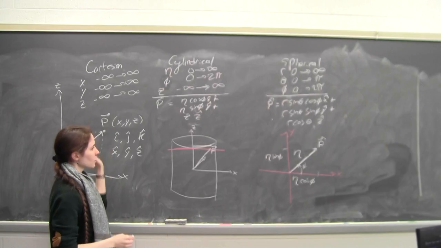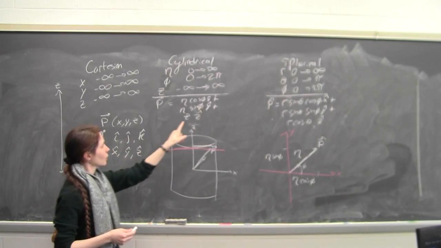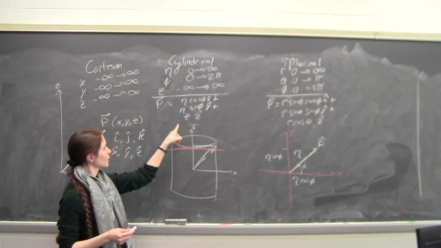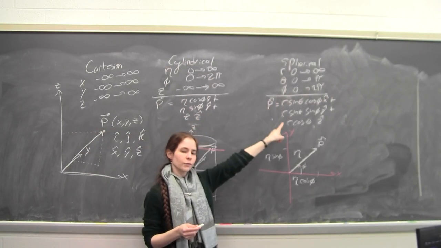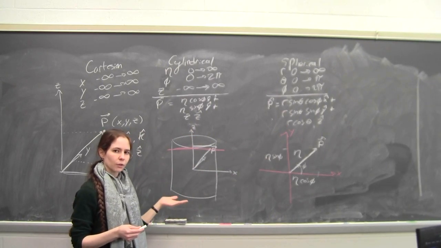In general, very frequently in this course, we're going to be using Cartesian components, x, y, and z components, but as I've written here, the cylindrical or the spherical coordinates when we're handling things in cylindrical or spherical geometries.